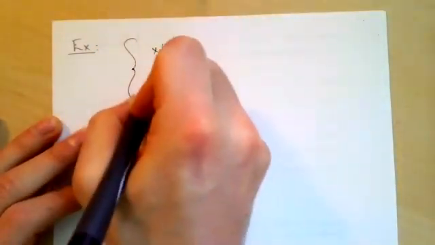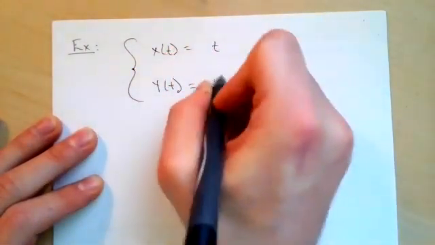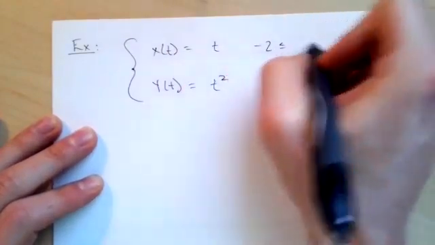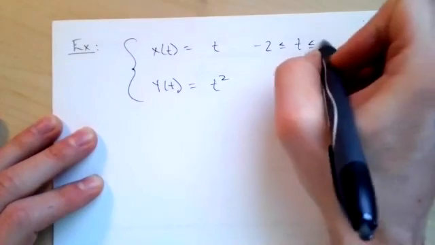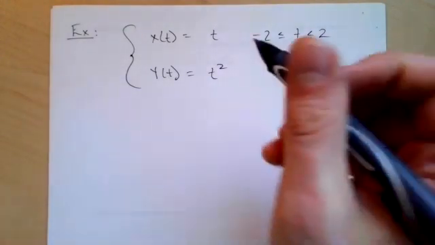So, examples. Easiest one to start with would be something like this. And why is this easy to start with?